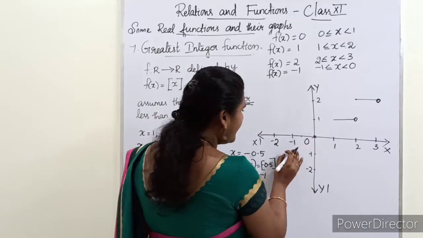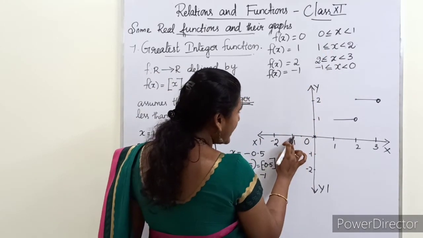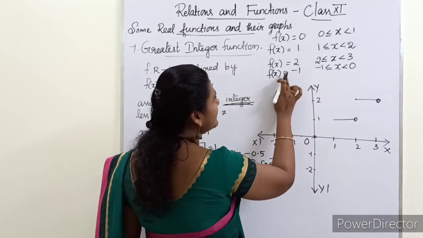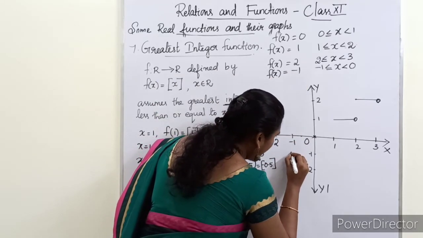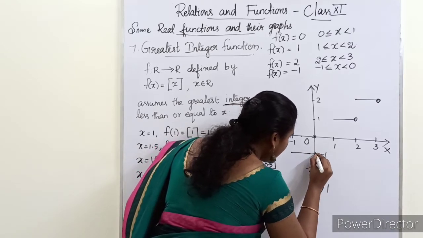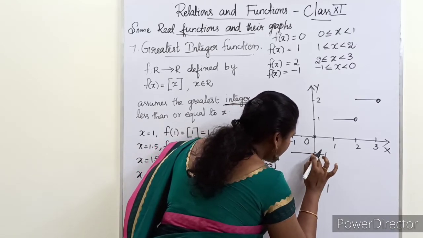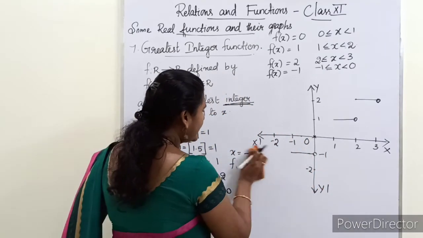Similarly, if you go to the negative part, from minus 1 to 0, f of x value is minus 1. So we will start with this point till here. This is minus 1, and minus 1 itself will not come. Similarly you can draw the other cases also.